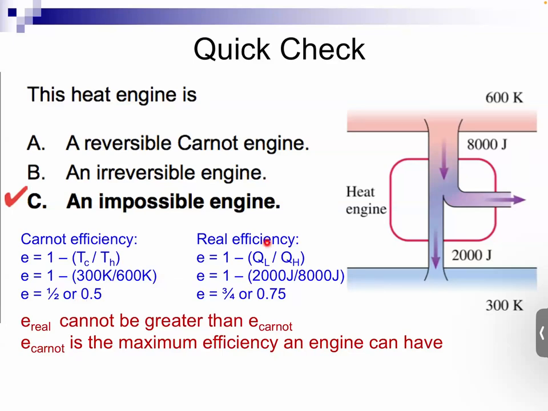And then for the real efficiency, use the energies, QL and QH. So QL, the heat waste, 2000 joules, divided by QH, the heat drawn from the hot reservoir, 8000 joules. Divide those two, take that away from 1, gives you an efficiency of 0.75 or 75%.